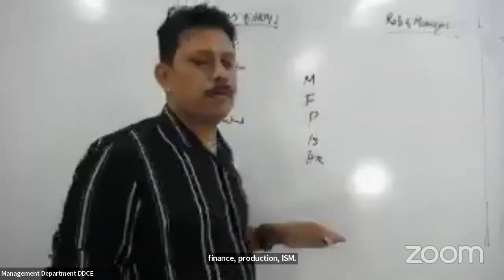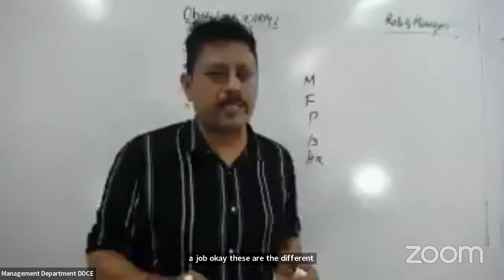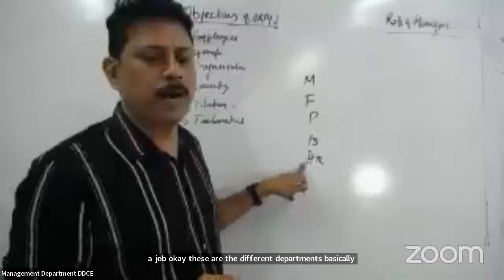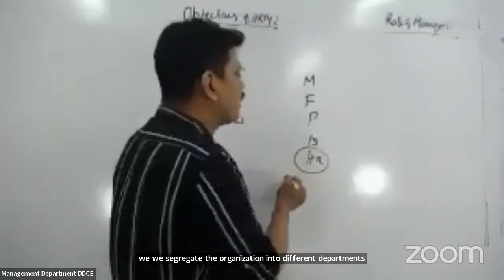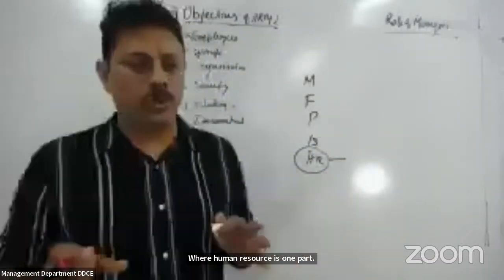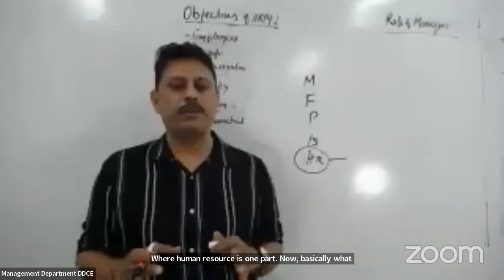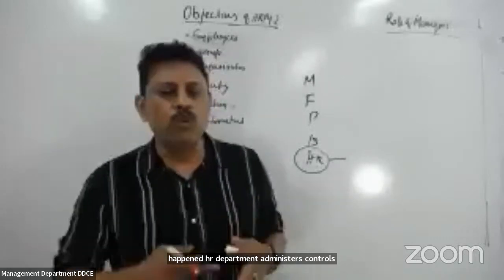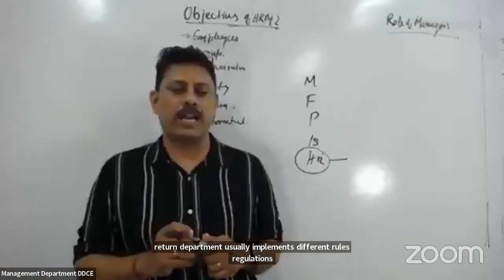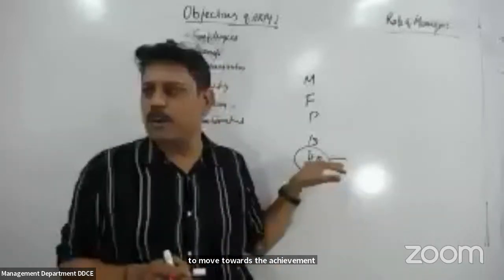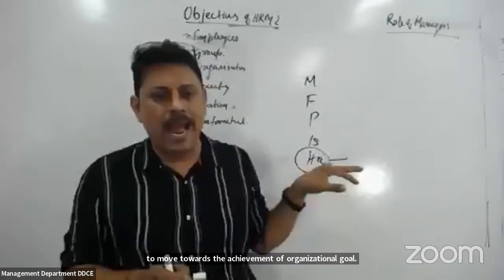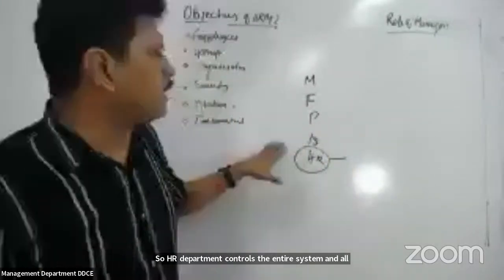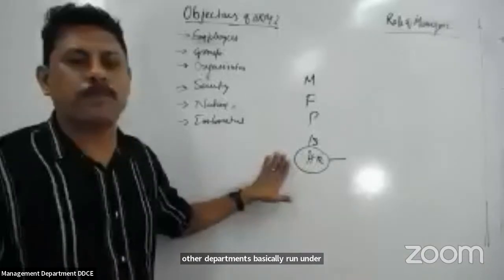Basically, we segregate the organization into different departments, where human resource is one part. The HR department implements different rules and regulations to move towards the achievement of organizational goals. So the HR department controls the entire system, and all other departments run under the policies governed by the HR department.